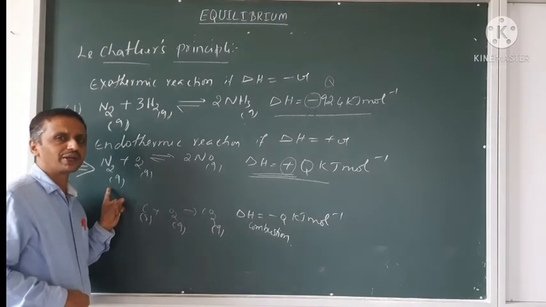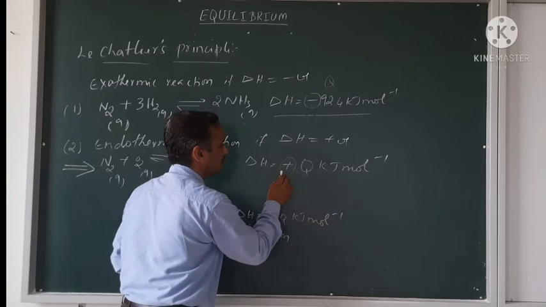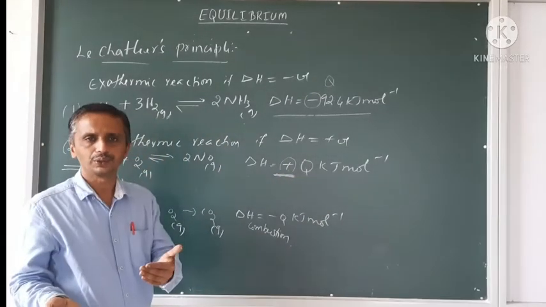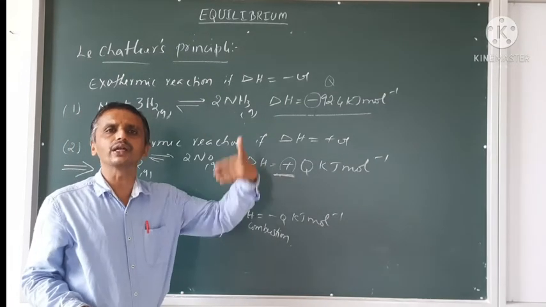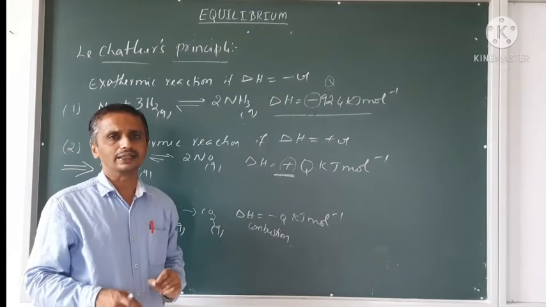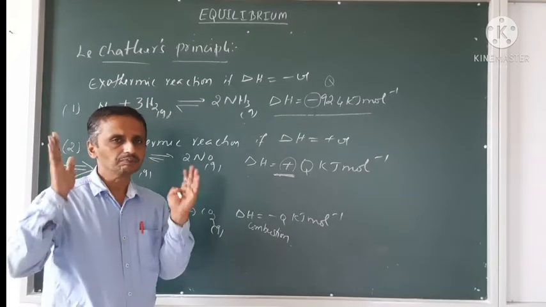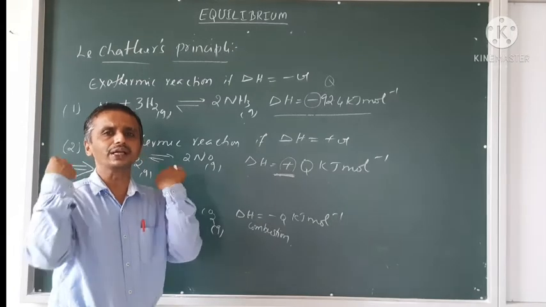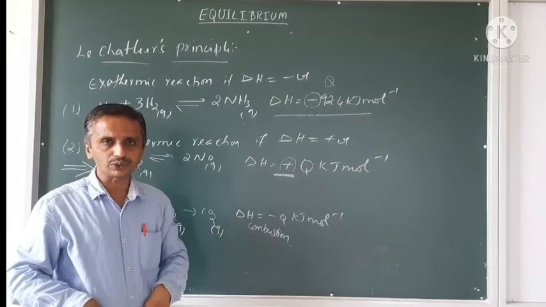It is the enthalpy of combustion of nitrogen, but please remember the value is positive. It's not negative. It means combustion of nitrogen to give nitric oxide is not an exothermic reaction, it is an endothermic reaction. The majority of combustion reactions are exothermic only, heat is evolved. But here heat is absorbed.